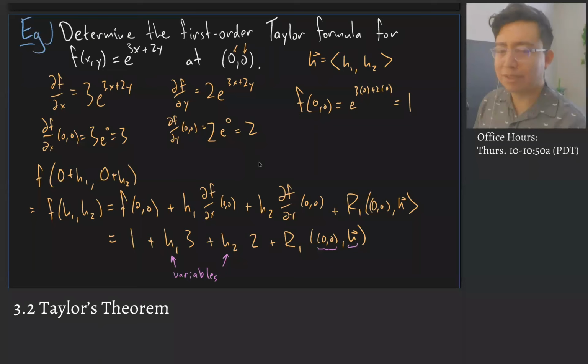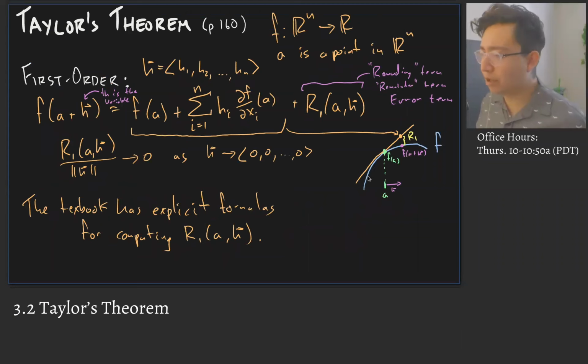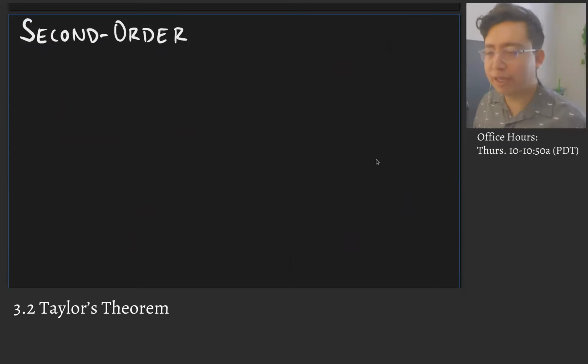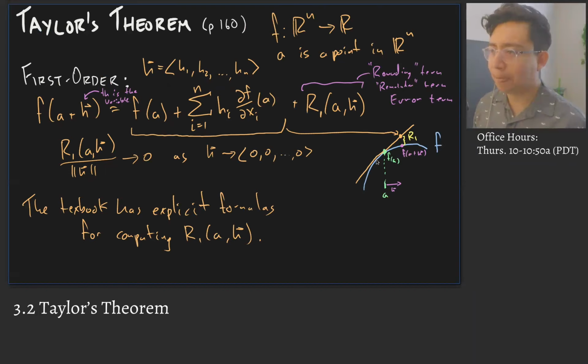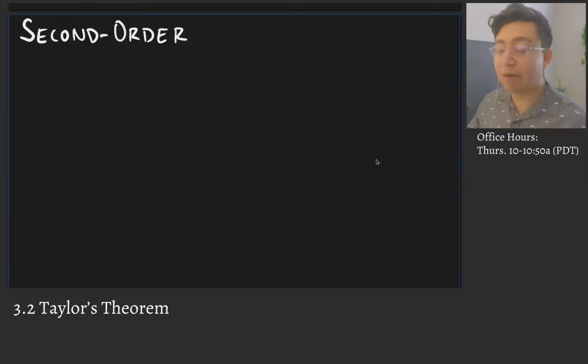Now we want to talk about the second order. I mentioned a little bit yesterday that the first order you can think of as approximating your function with a plane, and what we're doing with second order is we're going to approximate f with a curve now instead, a parabolic curve.